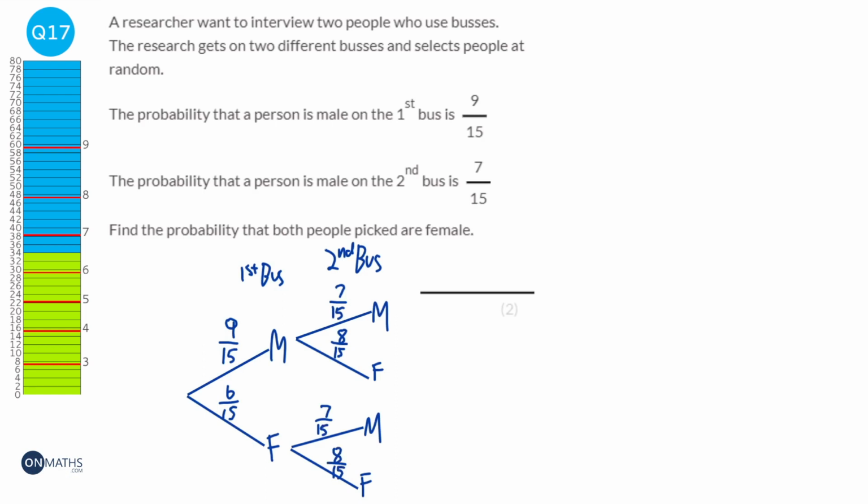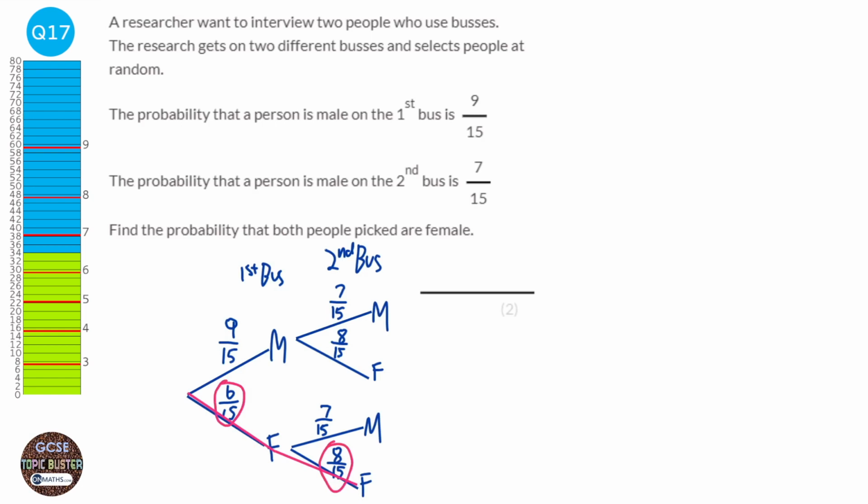So to have both female, we need to have gone down this line at the start and then this line again. Okay, so looking at the fractions along the way, it's 6 over 15 and 8 over 15. The word and in probability means times.